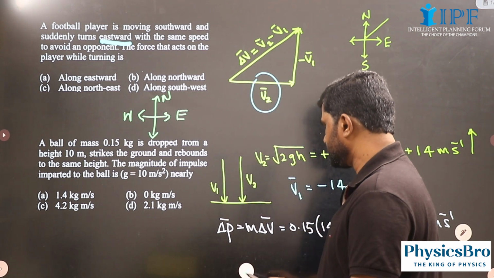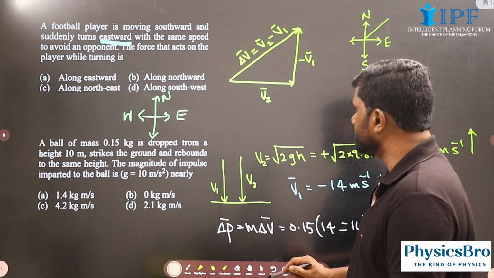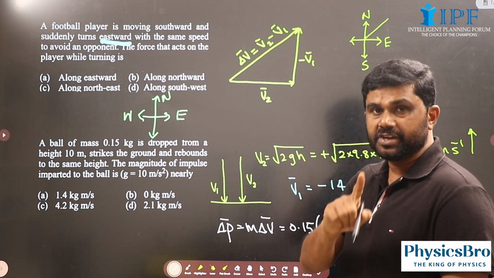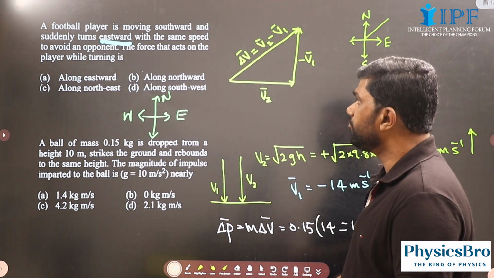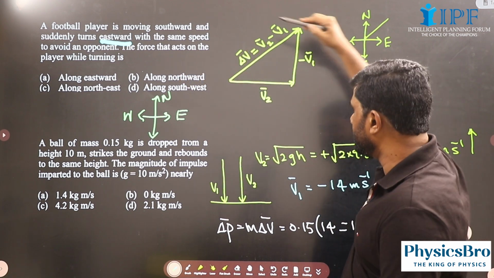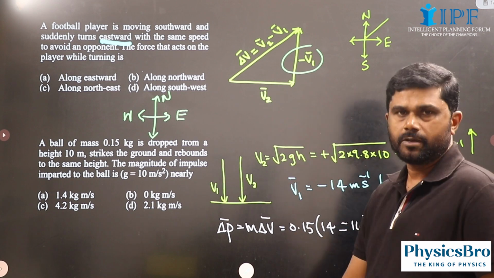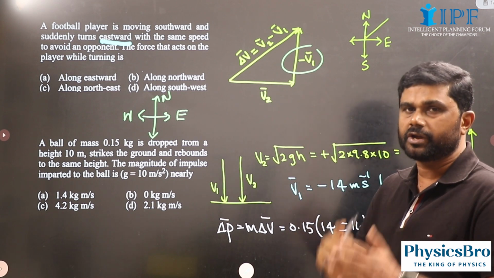First I have drawn this V2, then minus V1 should be drawn on the tip of V2. V1 is due south, so minus V1 should be due north. Now I have to find the resultant of V2 and minus V1.